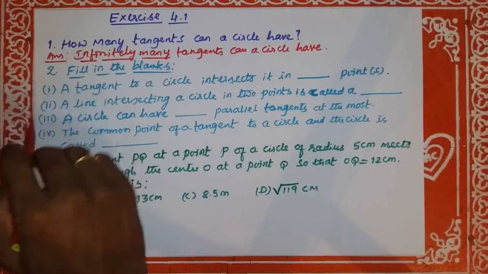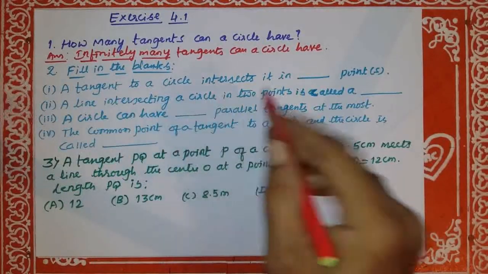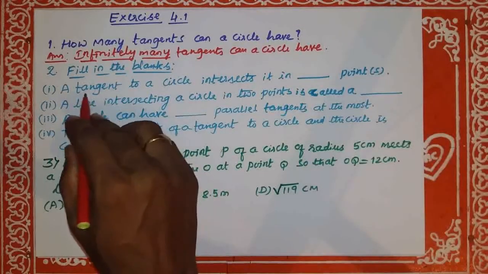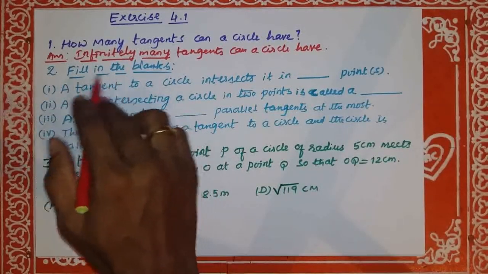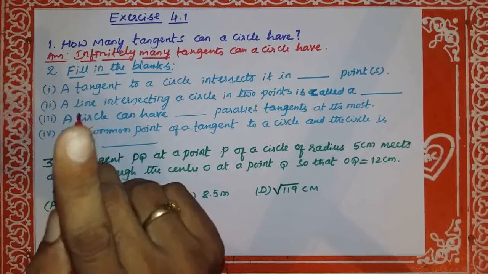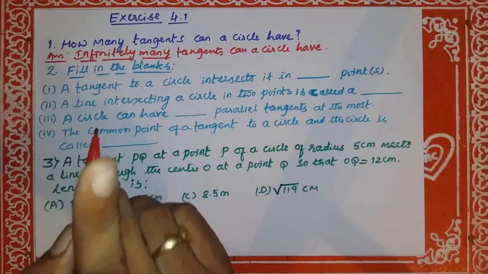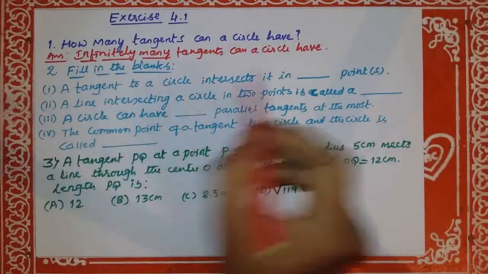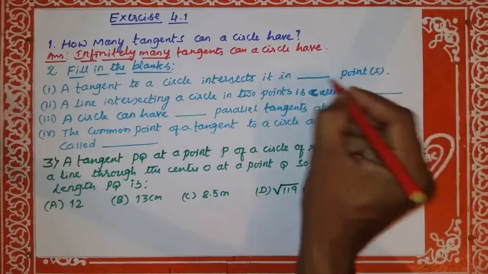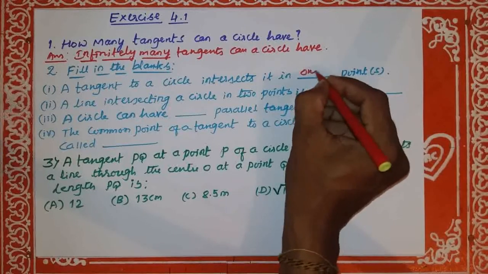First question we have: a tangent to a circle intersects it in how many points? What is the meaning of tangent? We have to remember that first. It touches only one and only one point. Okay, that is called a tangent. So we can write here answer 1.